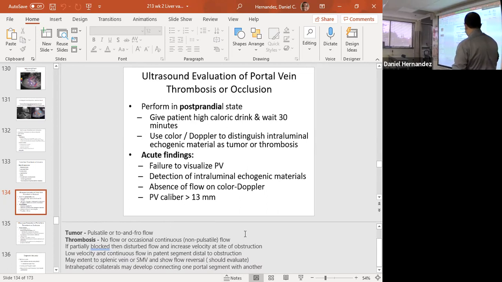We also have to assess the extent of thrombosis. This thrombosis could extend back towards the splenic vein and the superior mesenteric veins. So it's important to check your confluences and track back towards the splenic vein as well as the superior mesenteric veins. And we are also going to document the presence of any intrahepatic or extrahepatic collateral vessels that may be developing.